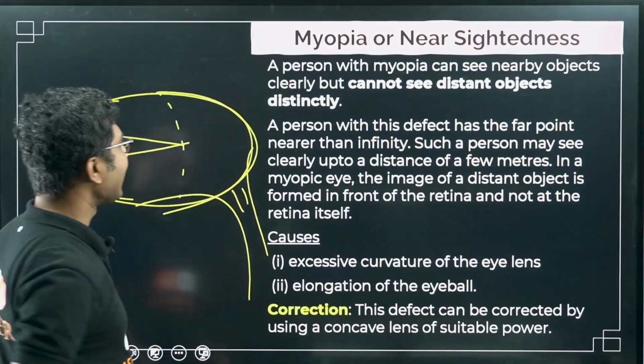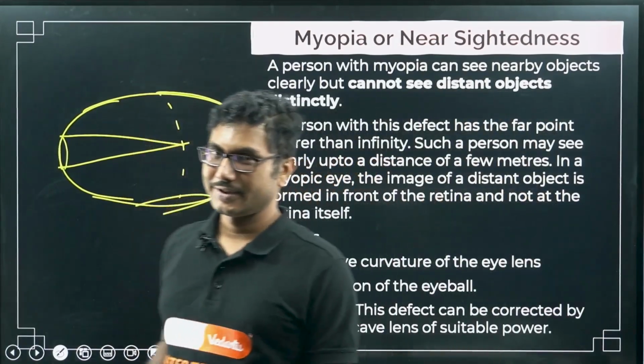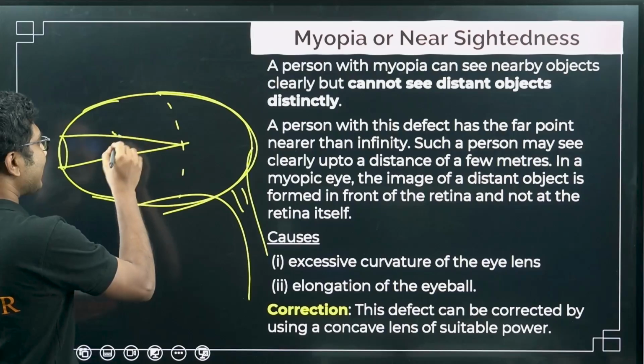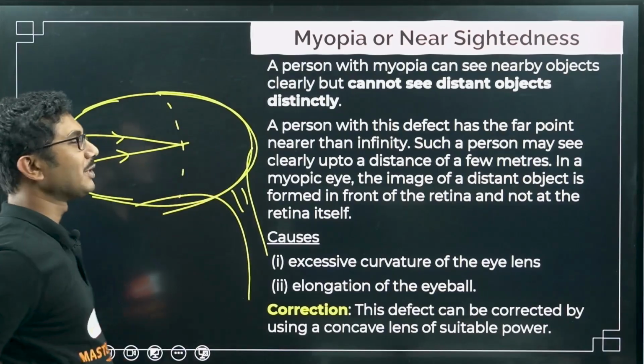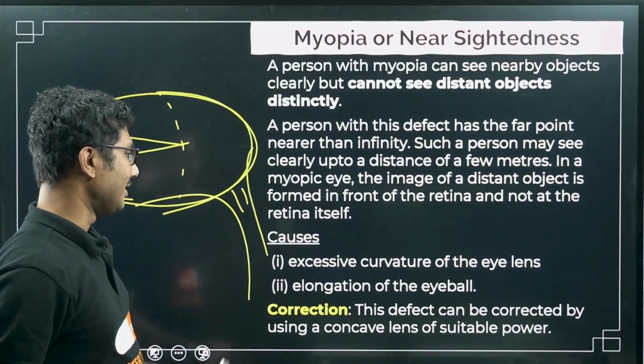So your eye cannot see very distant objects, because they are all getting focused here, and because of the shape change of your eye, you cannot see the object clearly.